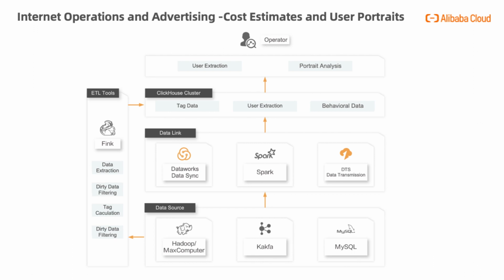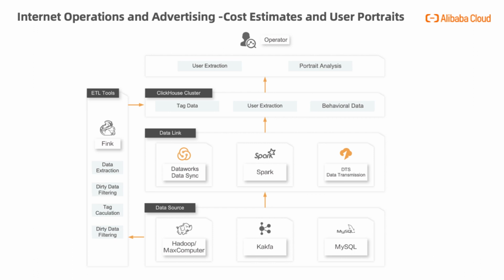In advertising evaluation and user profile analysis, it generally performs multidimensional analysis on a large amount of user data, identifies users for advertising, and evaluates the advertising costs. Create user profiles, evaluate advertising accuracy, and estimate expected profits.